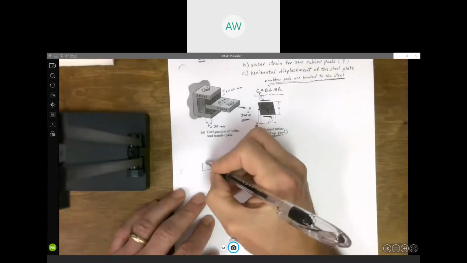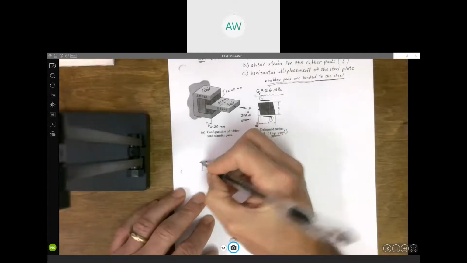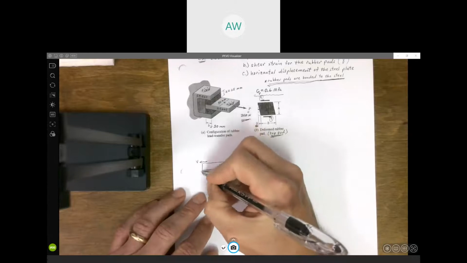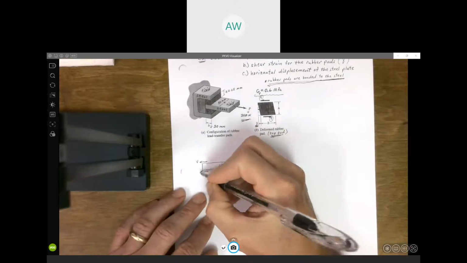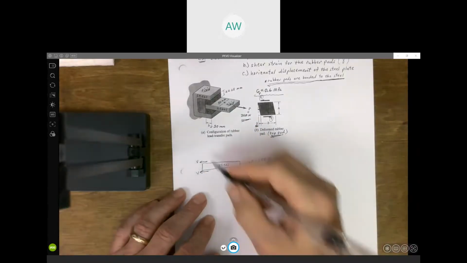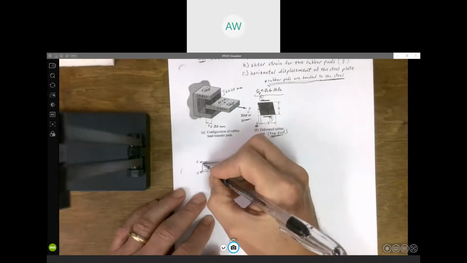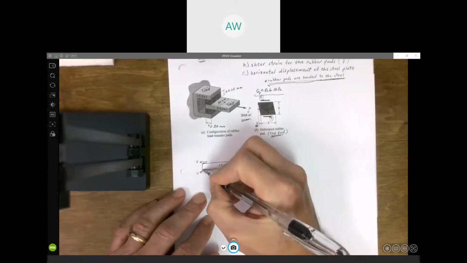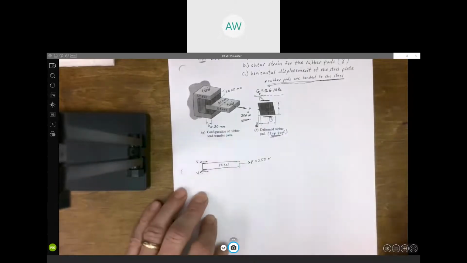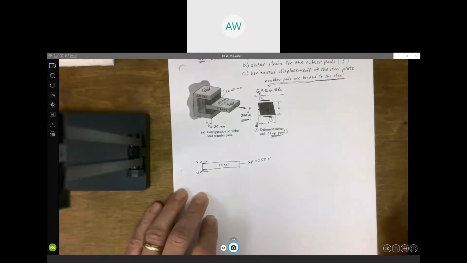Well, there's going to be a shear force, V, acting on whatever that adhesive or glue or epoxy is that attaches that rubber pad to that steel plate. There's going to be a shear force, V.